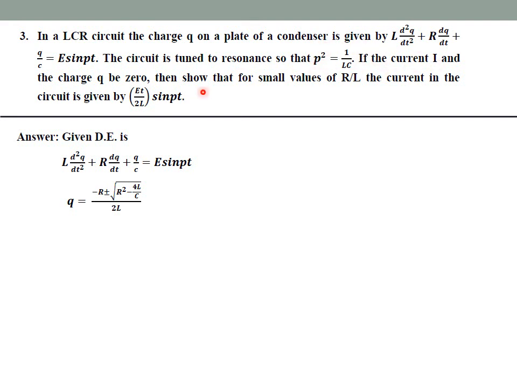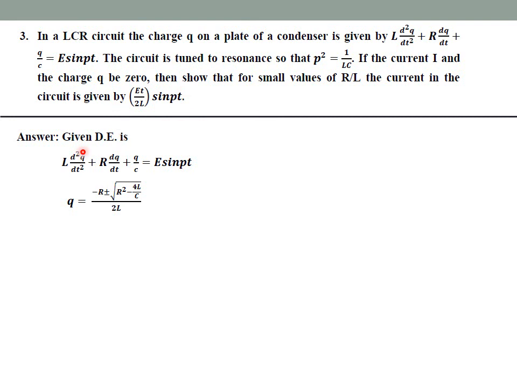If the current I and charge Q are 0, this is also another condition. They are telling you that initially current I is 0 in the circuit as well as charge is also 0. Then show that for small values of R by L, the current in the circuit is given by Et divided by 2L into sin Pt. This is what I have to prove.